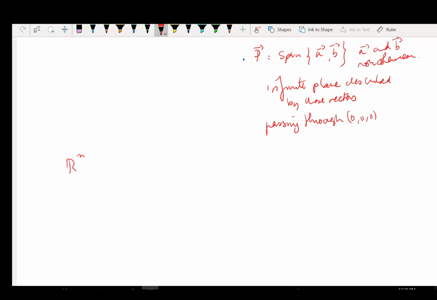What about the linear subspaces? Well, you can have the 0, of course, you can have Rn, and anything that would be spanned by 1, 2, 3, etc., up to n vectors, as long as they are linearly independent, but we're going to talk more about that later.